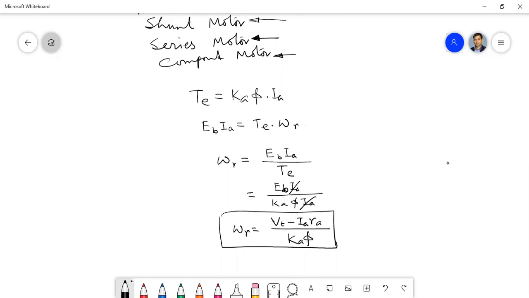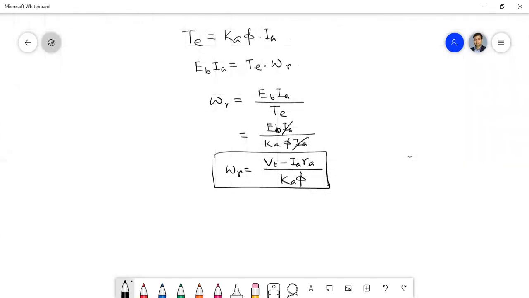Now suppose you want to change the speed. What are the things you can change for changing the speed? What are the variables at the right hand side that you can change? Any suggestion? Ra, IA, Ra or phi?